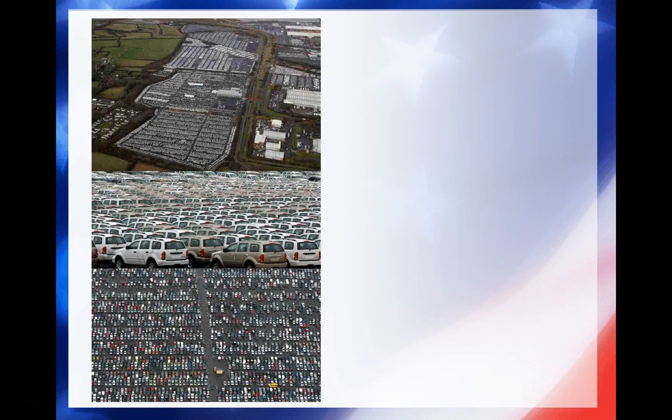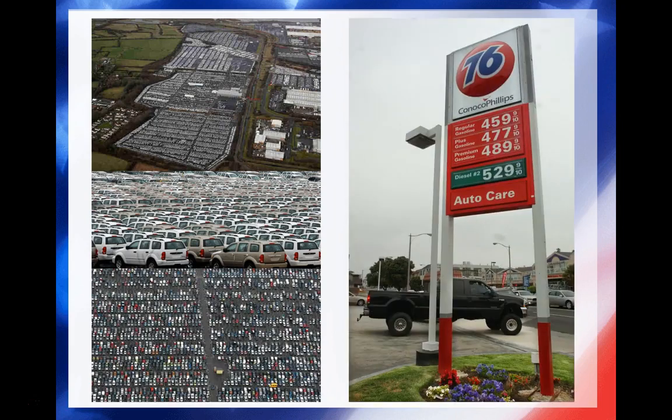On the other hand, when the demand for a thing is less than the available supply, you get a surplus. Back in 2008, there was no demand for a gas hog SUV when prices for gasoline were hovering around $4.50 a gallon. So you get what we have here. You get parking lots full of SUVs that were made, but that nobody's going to buy because nobody wants to spend $100 filling their SUV up.